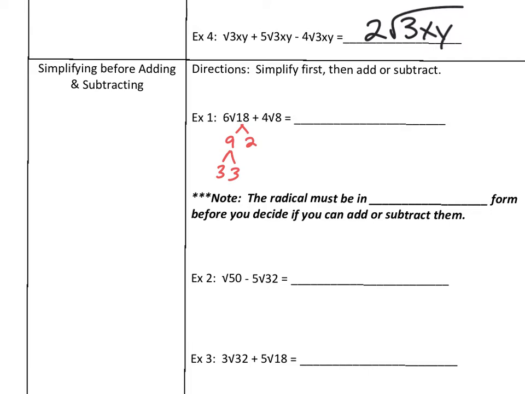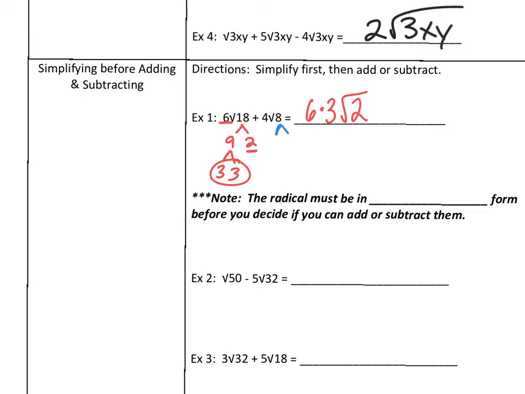Do I have any? Yeah, what is it? 3. Okay. So I still have this 6 out front, right? So basically this is 6 times 3 square root of anything left? 2. Right? We had this 2 left.